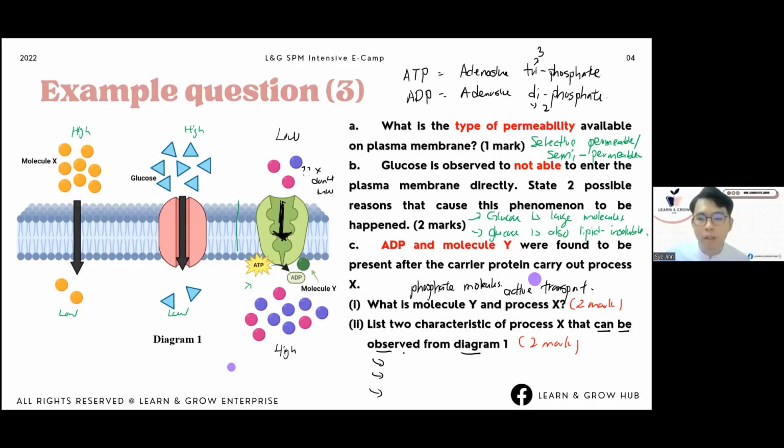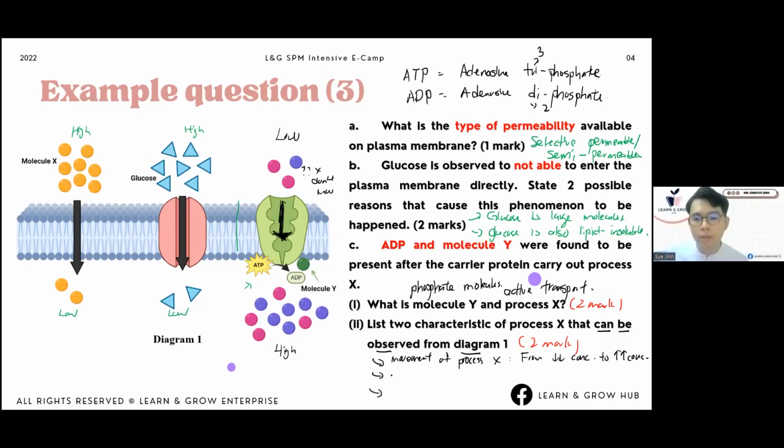So we can say the movement of process X is from low concentration to high concentration. But in the exam, please write in full sentences. Today I write short form for you all to understand faster.